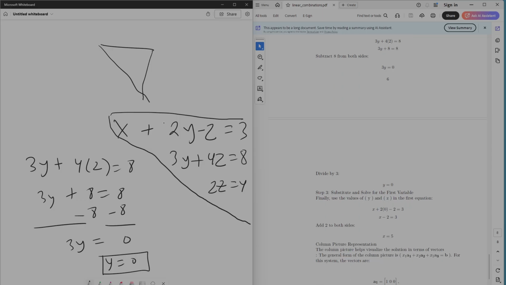And of course the final step is going to be to solve for the first variable. We're going to use the values of y and z in the first equation. So z is equal to 2 and y is equal to 0.